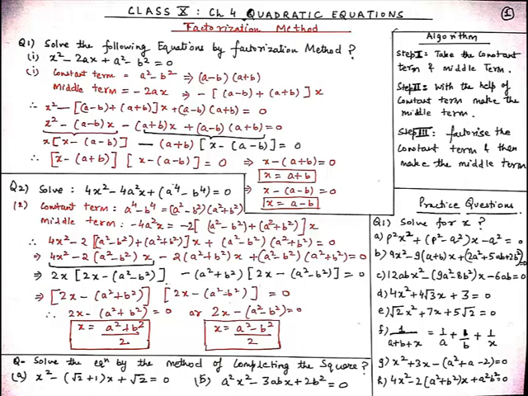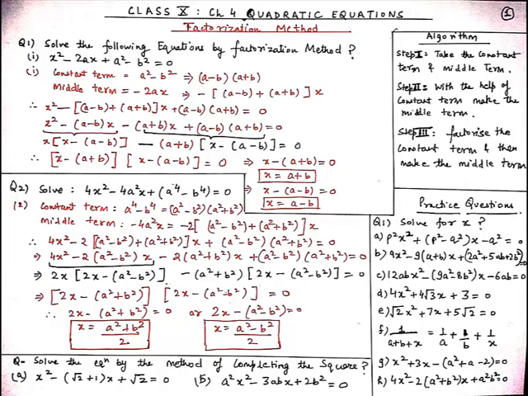So in bracket we get 2x minus (a square minus b square), and from the next two terms we will take minus of (a square plus b square) as common. So in bracket we get 2x minus (a square minus b square) equal to 0. So from here we get two factors, which are 2x minus (a square plus b square) and 2x minus (a square minus b square) equal to 0.